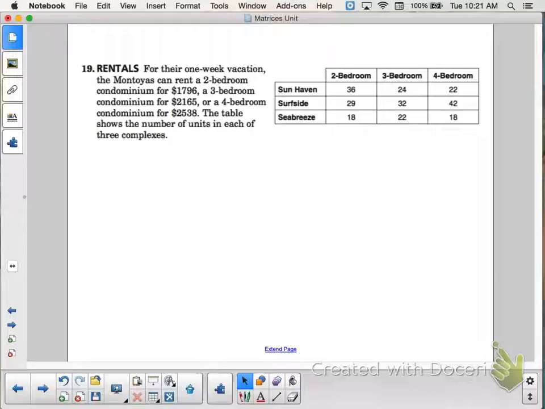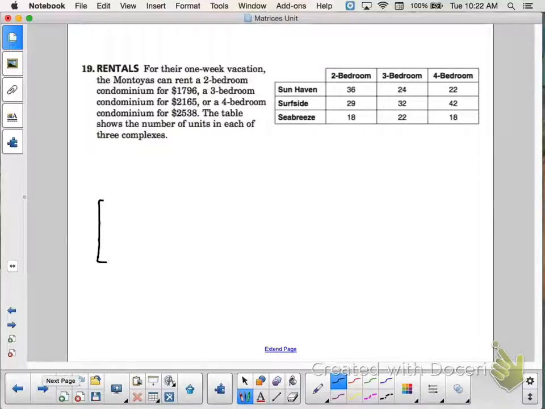On your sheet of paper, write down a matrix of this information. And then I'm just going to go ahead and fill mine in because I think the majority of us would have done it this way.